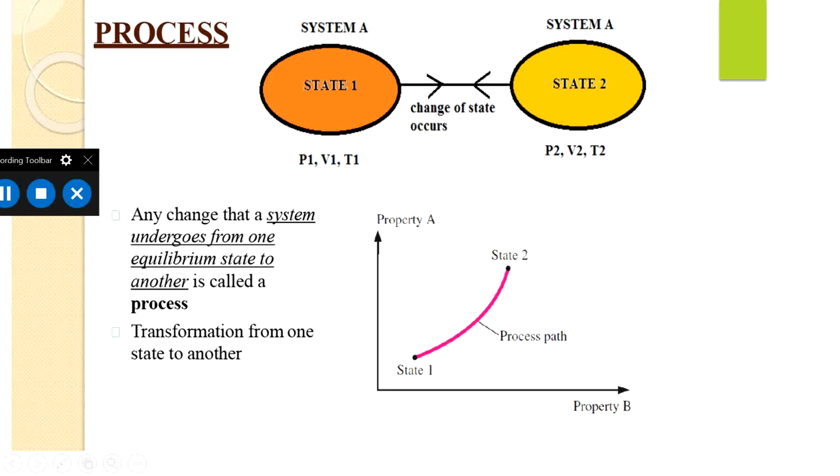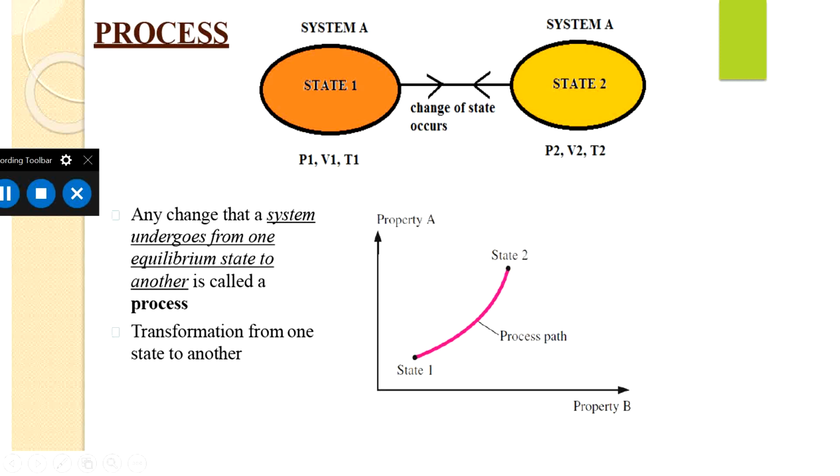This is known as system A. When some change occurs, or pressure varies, temperature varies, or some energy transfer occurs on the system, the state of the system changes from state 1 to state 2.